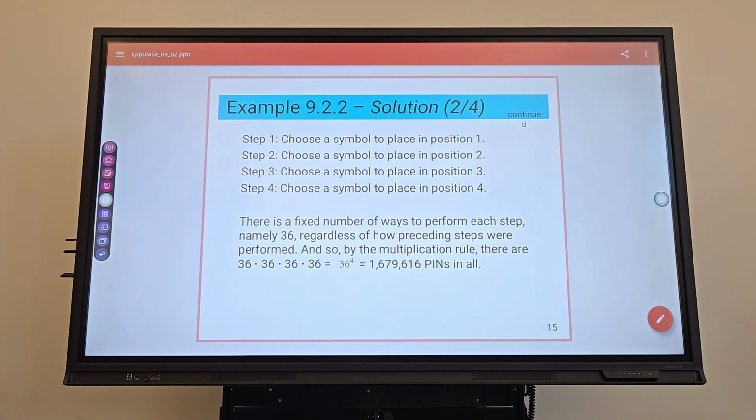Step 2, choose the symbol for position 2, and so forth. There is a fixed number of ways to perform each step, namely 36, regardless of how preceding steps were performed. So by the multiplication rule, there are 36 to the 4th power PINs in all, or approximately 1.68 million.